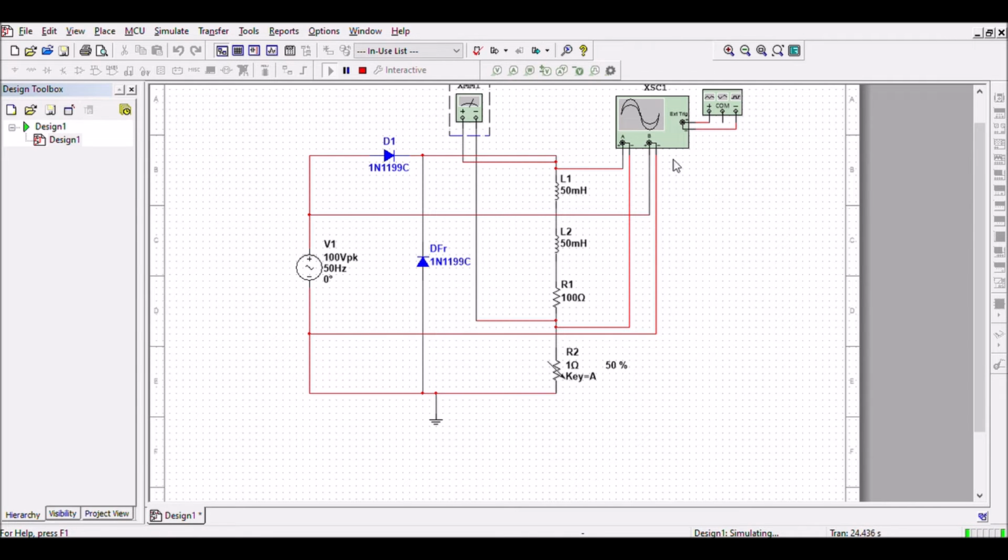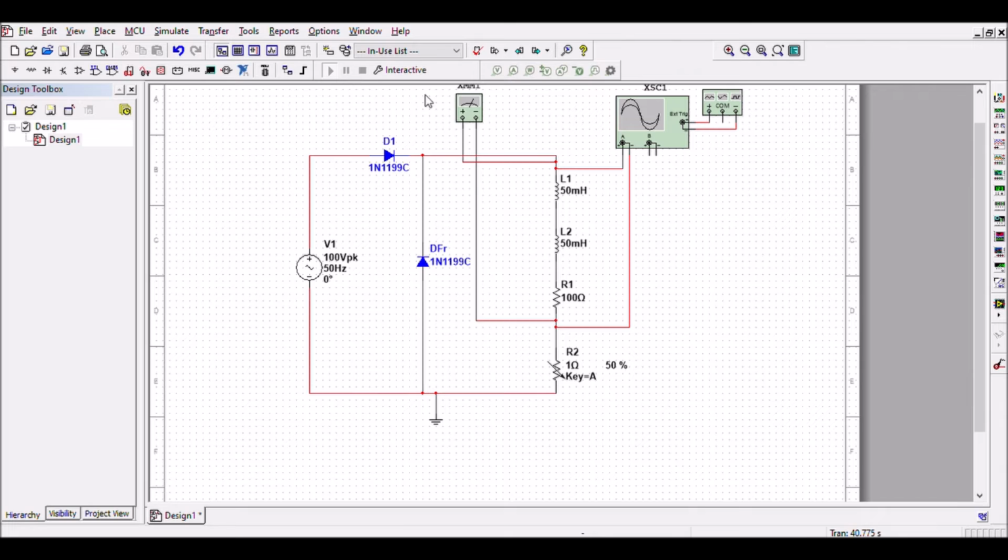Next we can see for V in. Okay, for V out waveform. Okay, next for VAC.